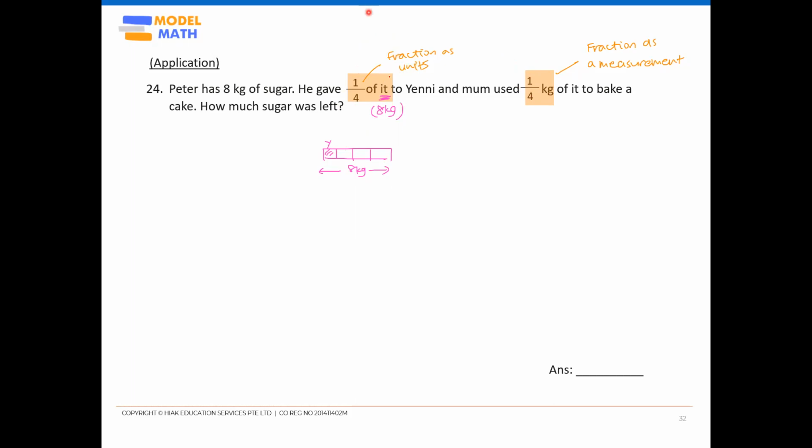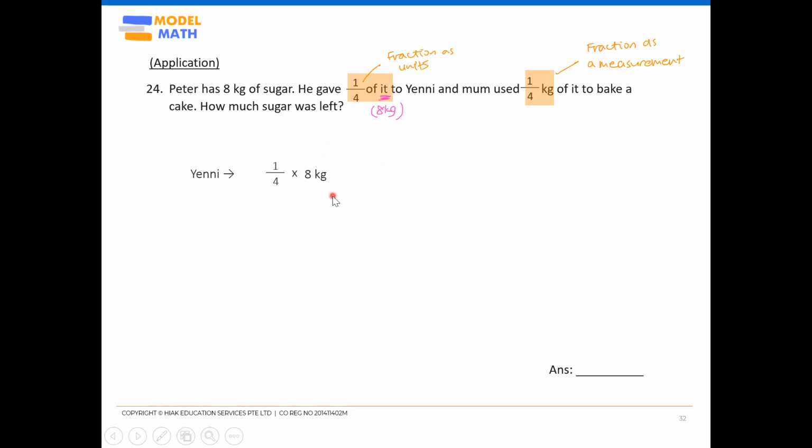So what I have to do now is to find out how much sugar was left. I will need to find out how many kg he passed to Yenny, because this is still in the form of units. I need to convert this into the form of kg. Let's do that. I'll erase my model now. So for giving to Yenny, 1/4 of 8 kg means you can take 1/4 multiplied by the 8 kg.